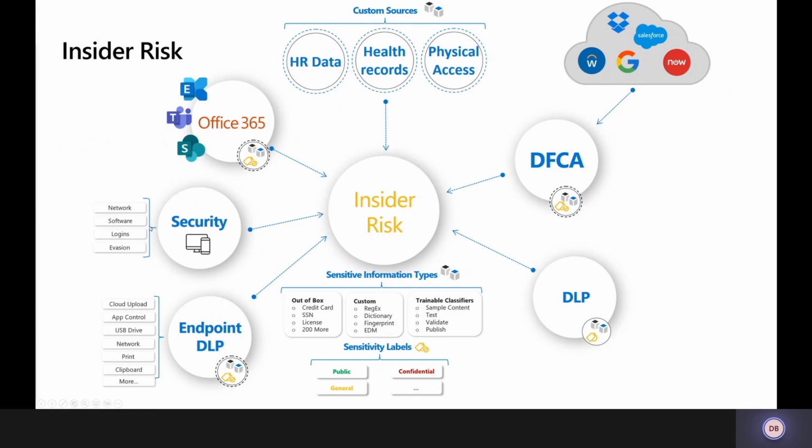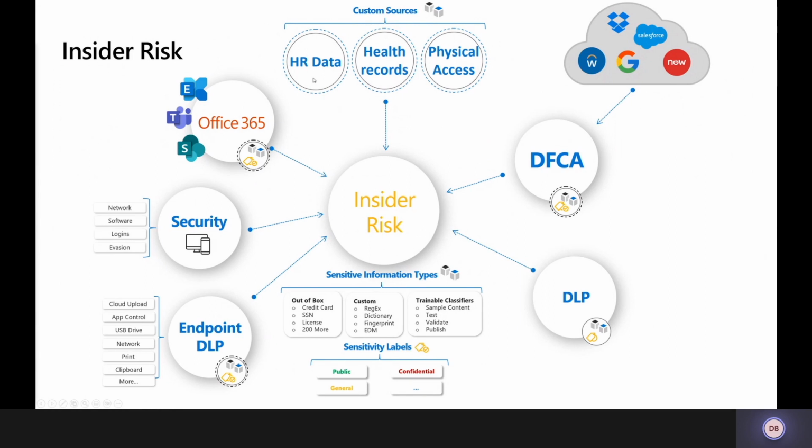Is someone installing security bypass tools? Is there network traffic happening? Are they accessing risky websites, right? We can come in and detect all of that data. Specifically, DLP solutions can also be brought in, both from the endpoint as well as your Office 365 DLP, to ingest those audit logs. And again, custom sources are also a really big component of this.